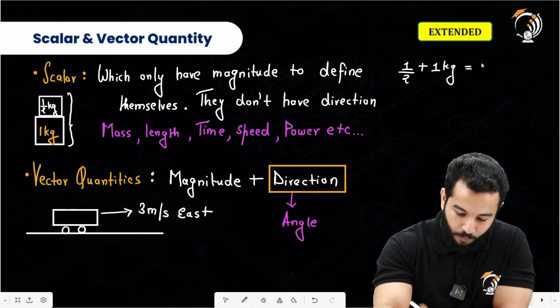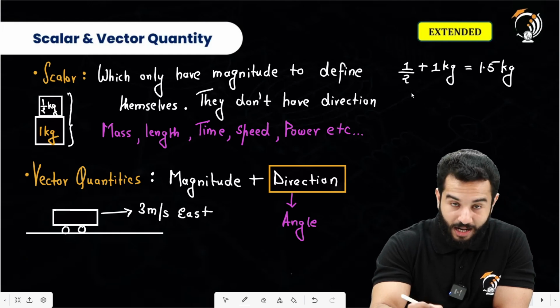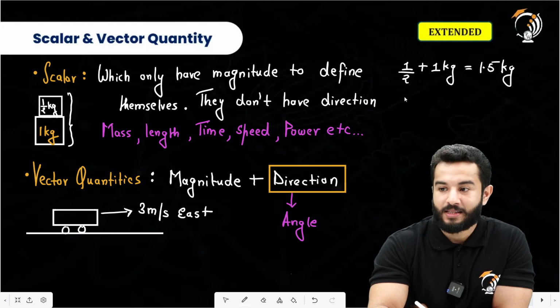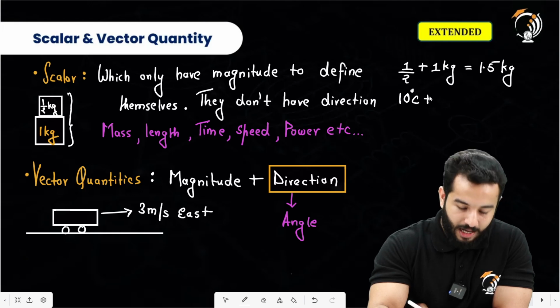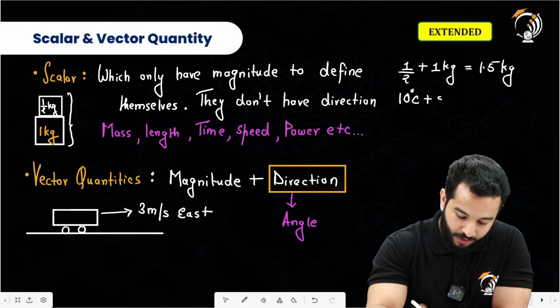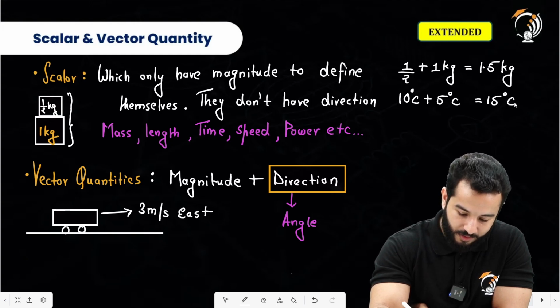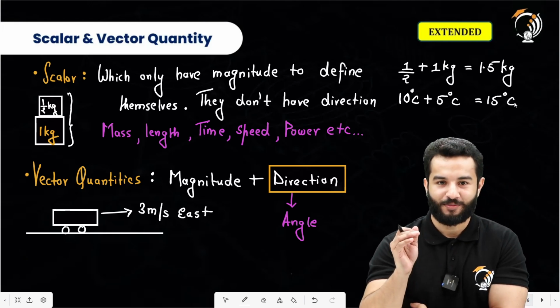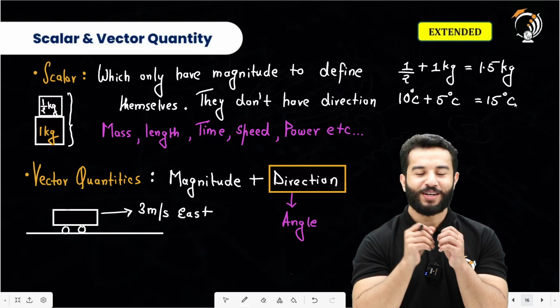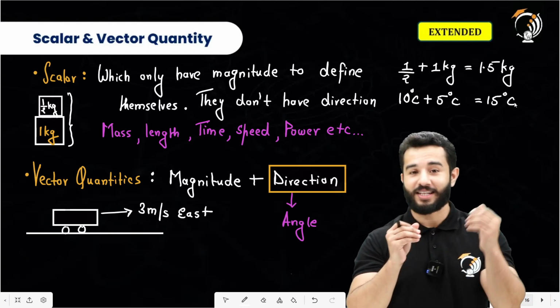That gives you 1.5 kg. Or, for example, when I say the temperature has been raised from 10 degrees Celsius and the increase is actually of 5 degrees Celsius, what is the final temperature? You are going to say 15 degrees Celsius. These types of additions are known as scalar addition. That means 2 plus 3 is 5, the addition that you have been learning so far.